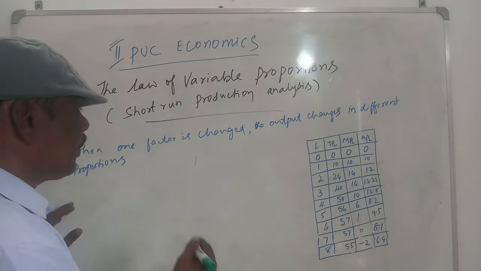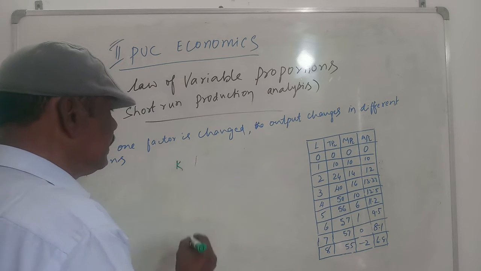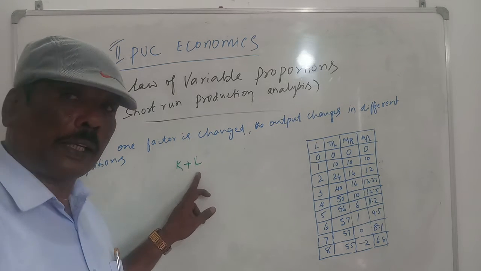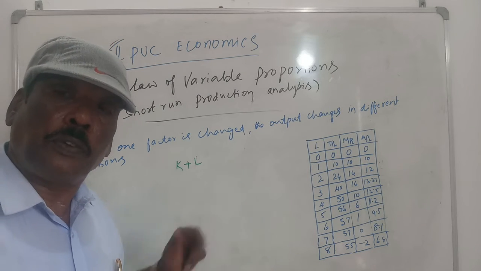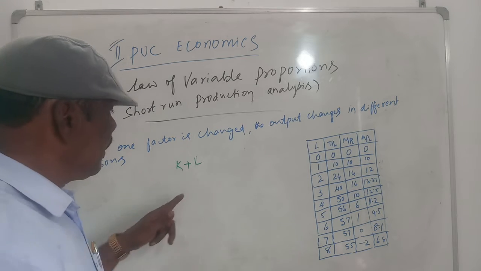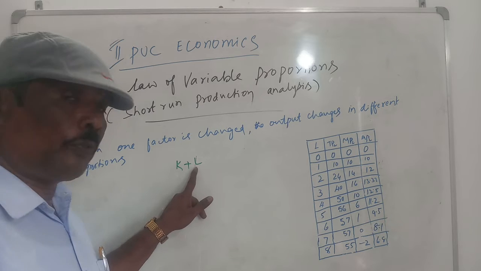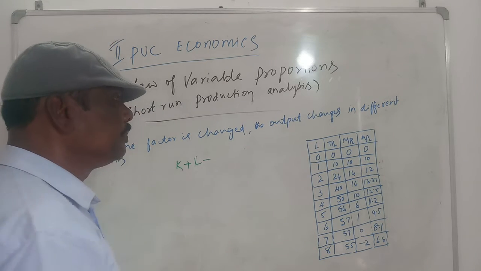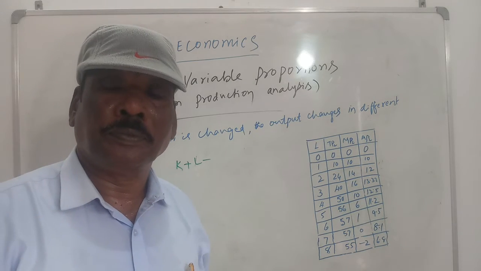So here we see one fixed input, say capital, plus labor, that is the variable factor. This law shows the relationship between the inputs where one factor is kept constant and another factor is variable, and it results in different proportions of output.